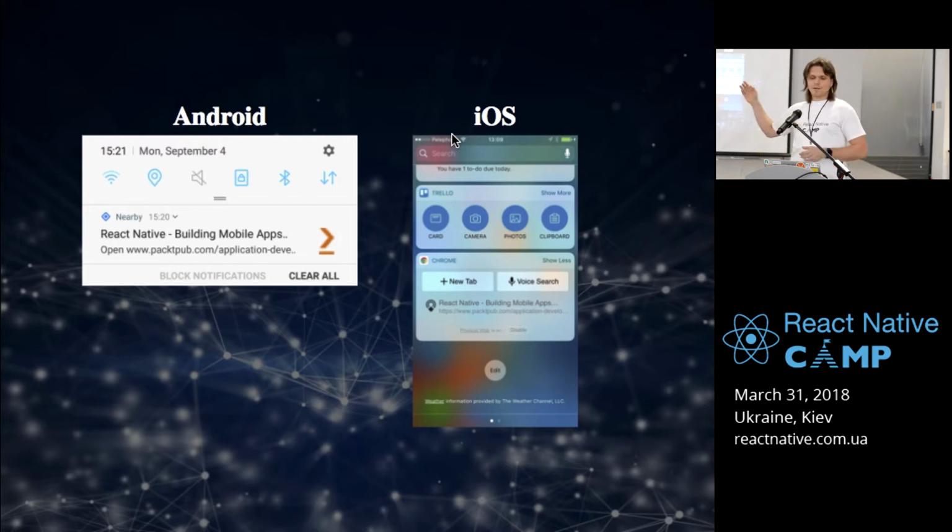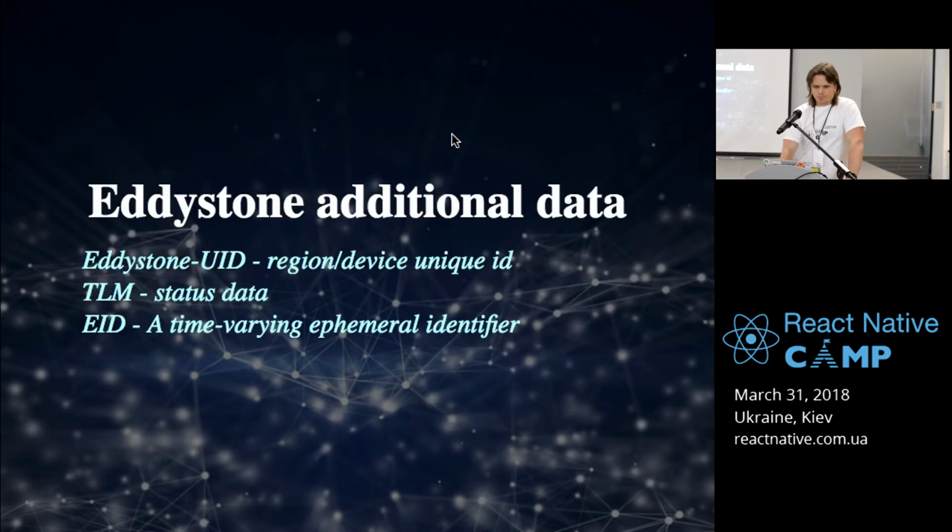You will see it at the top. So you will see the URL broadcast to Android in one way. For iOS, it can be broadcast by installing a specific widget for iOS. And this is one way to use it.